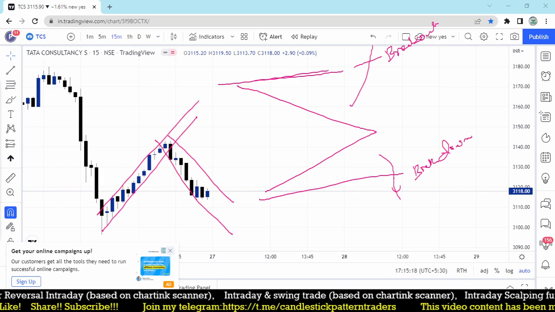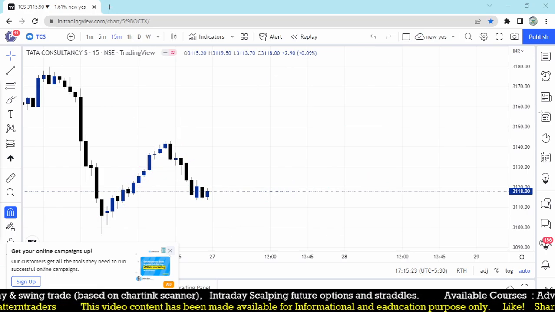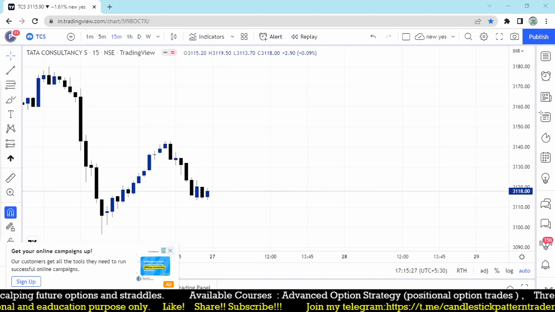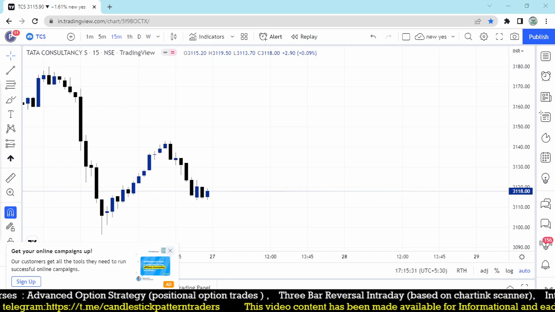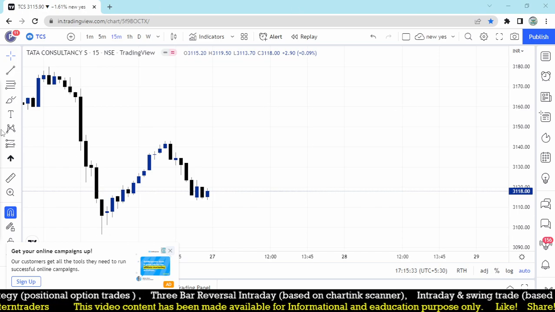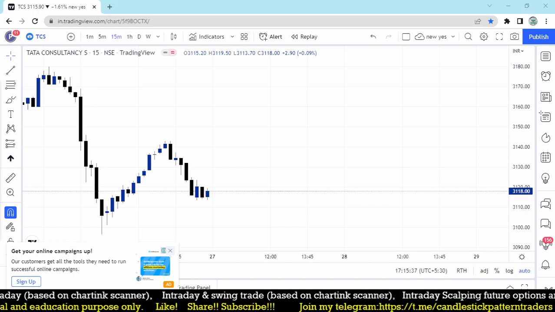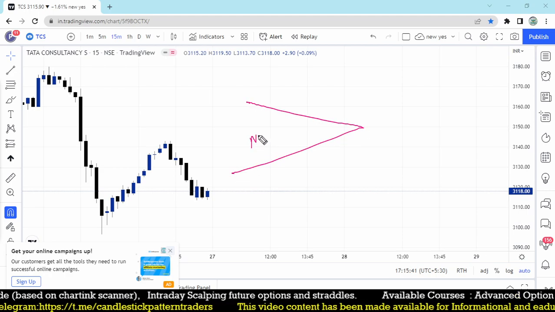If any stock forms a greater than, there is a chance of breaking out or breaking down on the next day. The simple pattern I am going to find is that greater than, and if it forms today with a narrow price range, this is called a narrow price range.